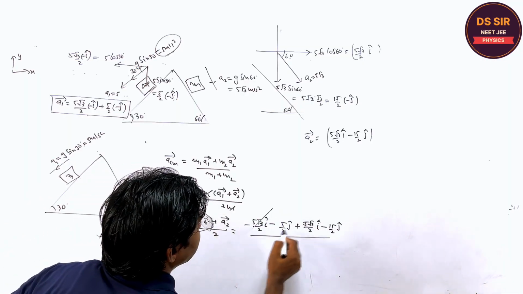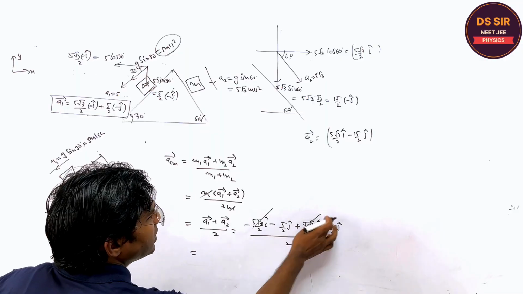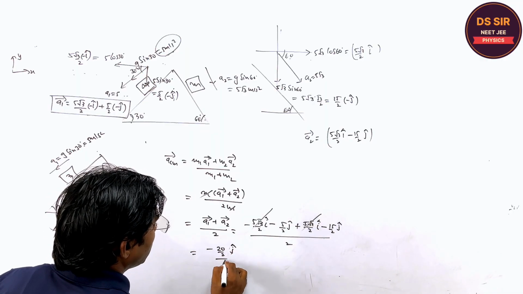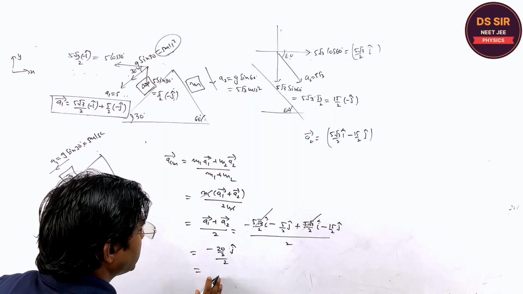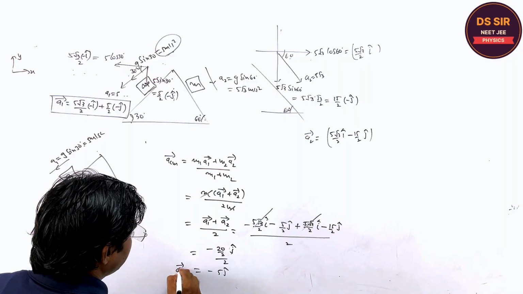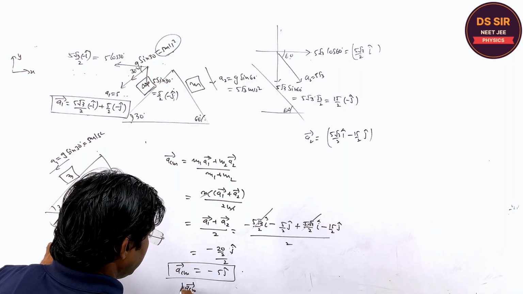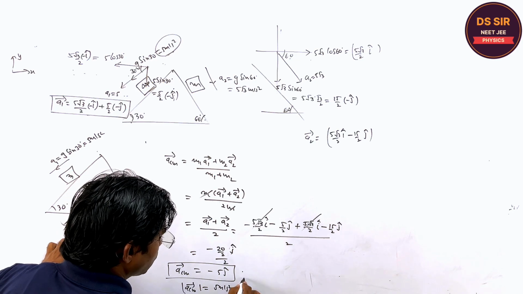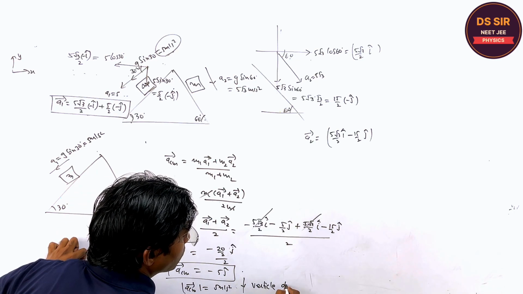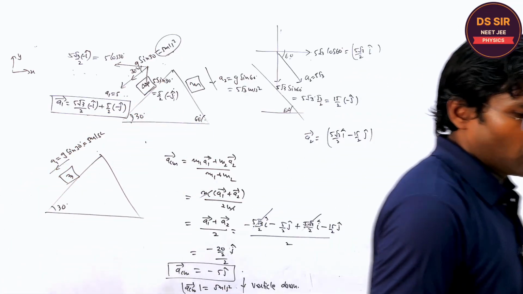Is it clear? I think the i cap terms cancel out. And this is how much? Minus 20 by 2 j cap. So this is minus 5 j cap, the acceleration of center of mass. The magnitude is 5 meter per second square, vertically down. This is the acceleration of the center of mass of this system of two point masses.